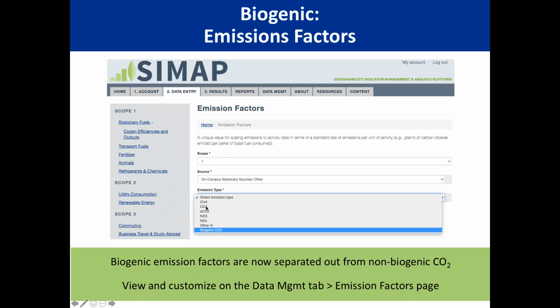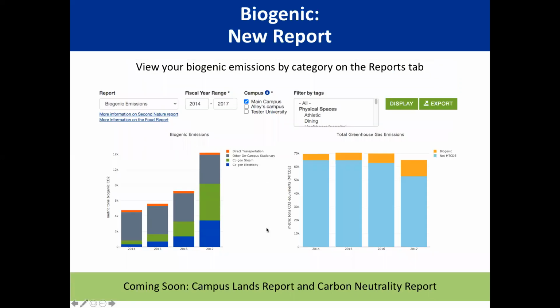So if you click on the CO2 emission factors now, you'll just see the non-biogenic CO2 portion of your footprint. And if you click on the biogenic portion, you'll just see the biogenic part. And importantly, it's now possible to customize your biogenic emission factor. So if you have a unique biofuel source on your campus, you can enter that, customize the factor, and track it. And you can view and customize all of these emission factors through the data management, the data entry tab and the emission factors page.